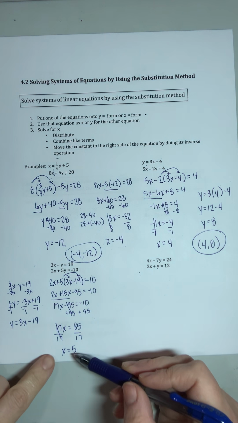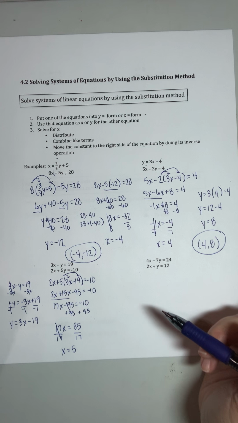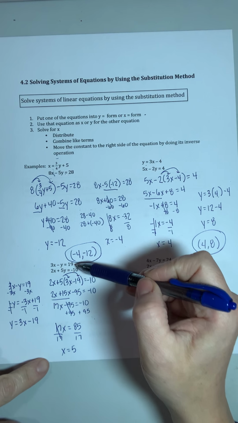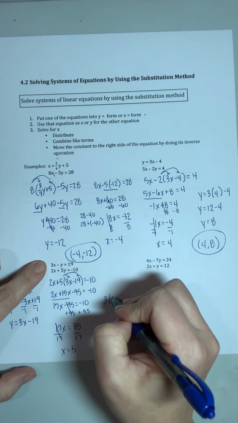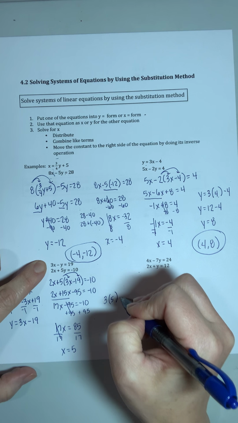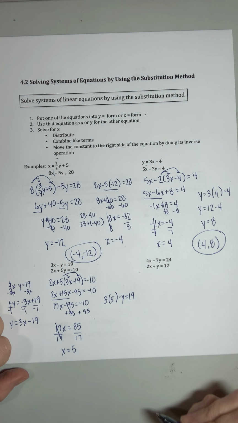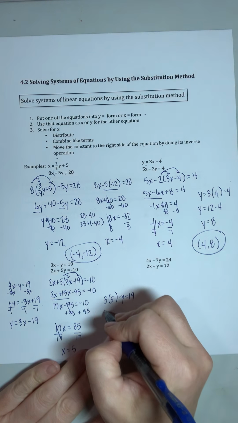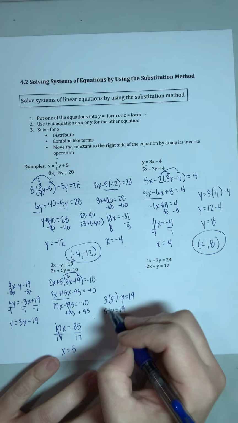Okay, once you find out one variable, you can use that to plug in to find the other variable. I'm going with the easiest looking equation, so I'm going to plug it into the first one. So I have 3 times 5 minus y equals 19. 15 minus y equals 19.